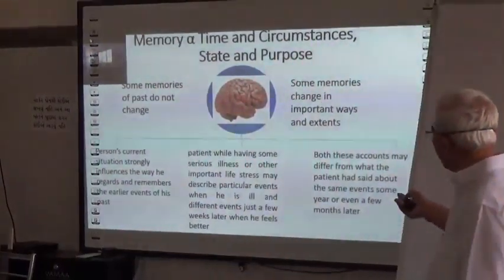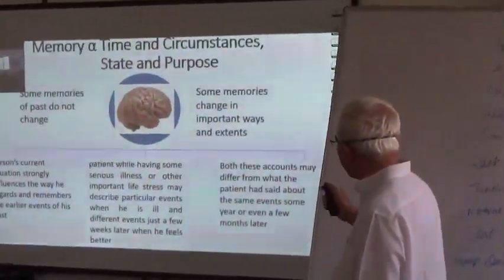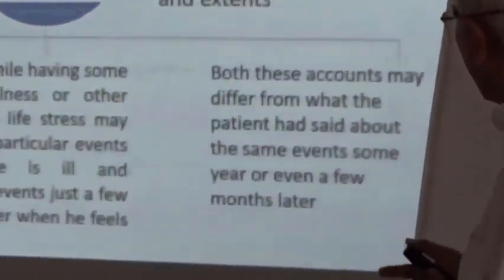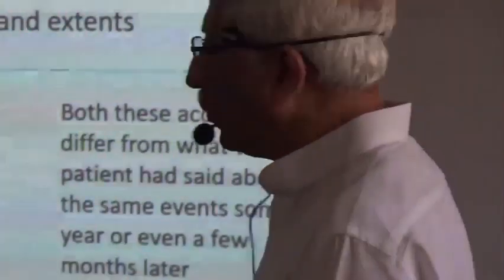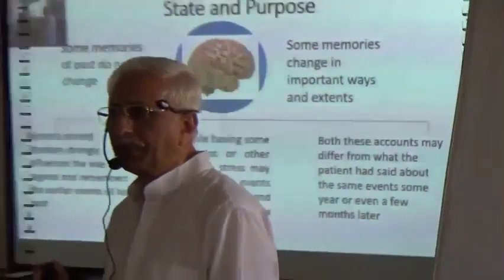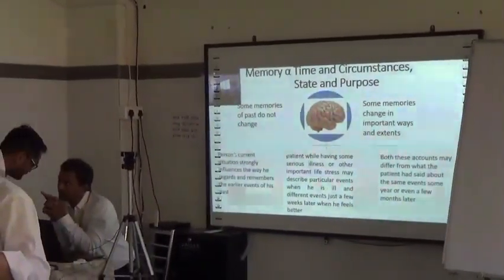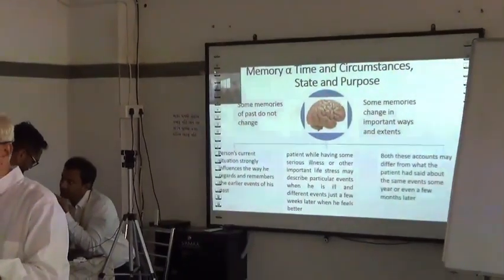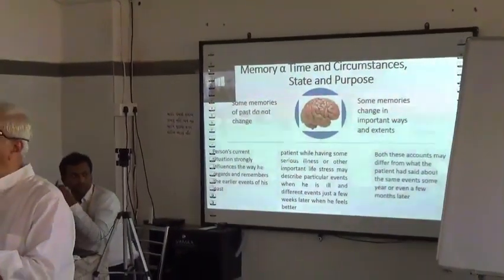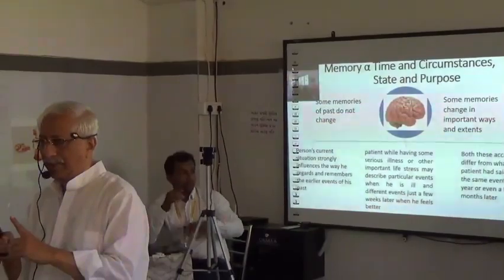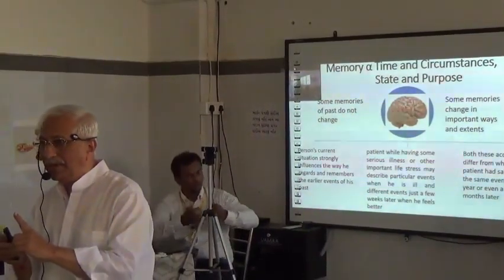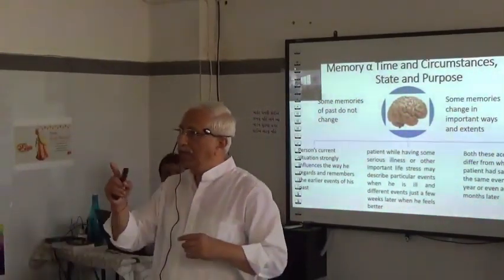Both these accounts may differ from what the patient had said about the same event some years or even a few months later. See, subjectively things change by intensity and by experience. That is why Hahnemann said it should be constant and usual.